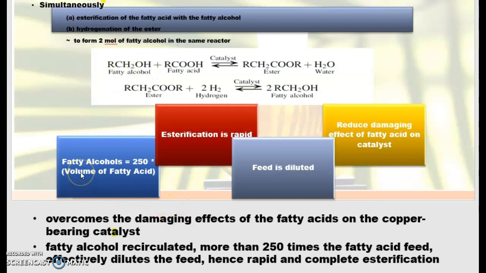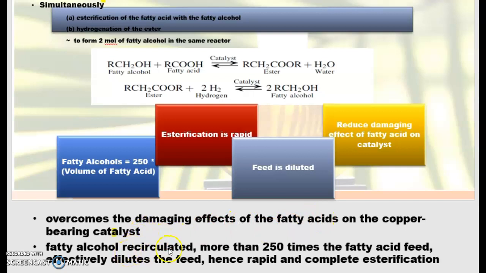Okay, so the fatty alcohol used is equal to 250 times the volume of the fatty acids, and this is a rapid esterification process. The feed is usually diluted, and the process can overcome the damaging effects of the fatty acids on the copper bearing catalyst.